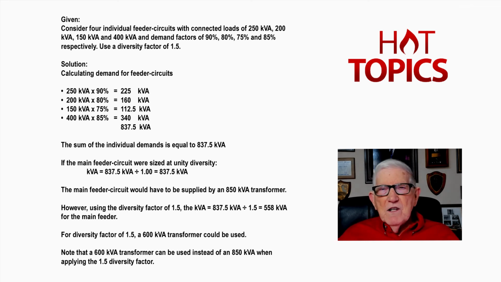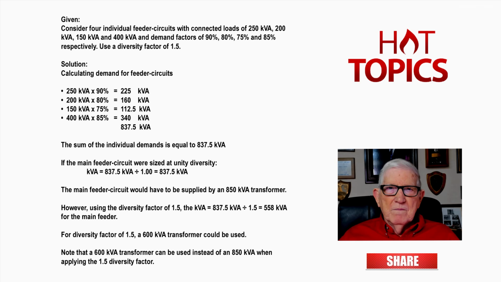Now, in the NEC, why this became an issue and so many questions have come in about this subject, is that the NEC doesn't really call out diversity factors more than one. The NEC deals with demand factors less than one.